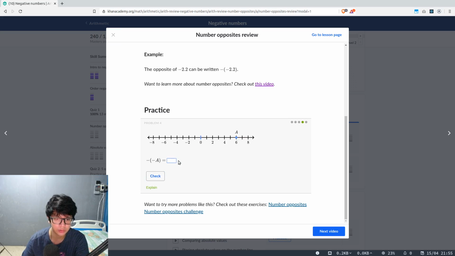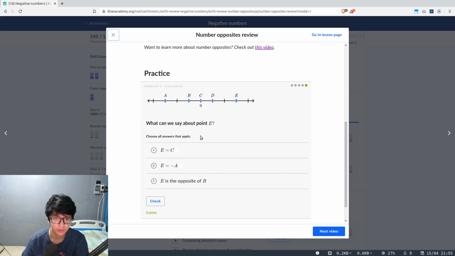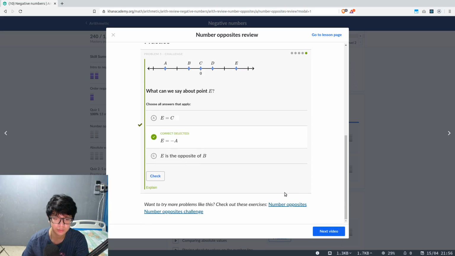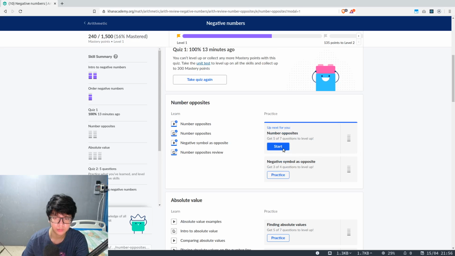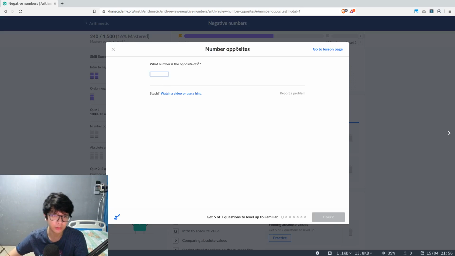A 6, so still 6. What can we say about point E? E is equal to negative A. Okay. So the practice. What number is the opposite of 8? Negative 8.